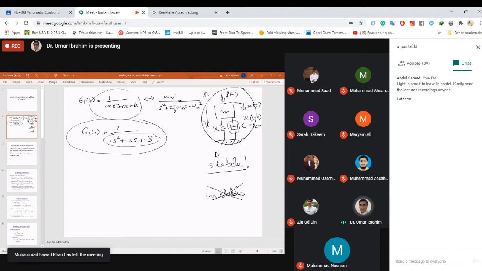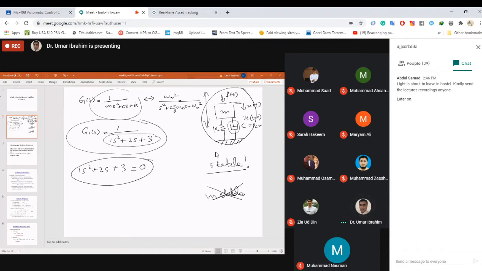The denominator polynomial of a transfer function equated to 0 gives us the characteristic equation. So this is our characteristic equation for this transfer function, which is for this physical system.